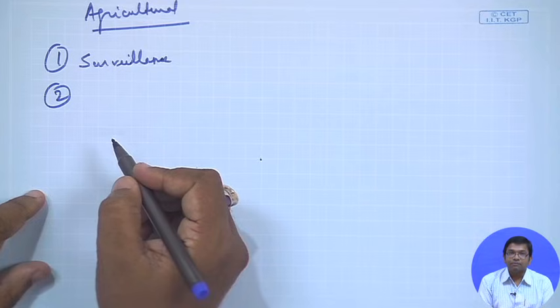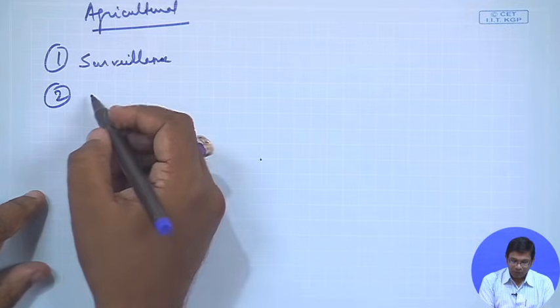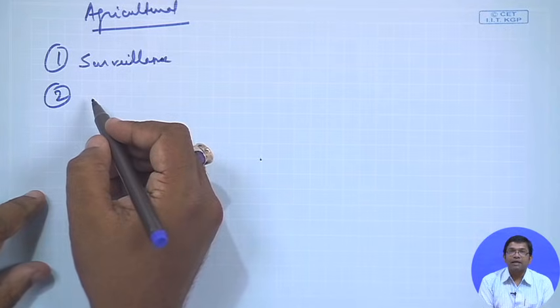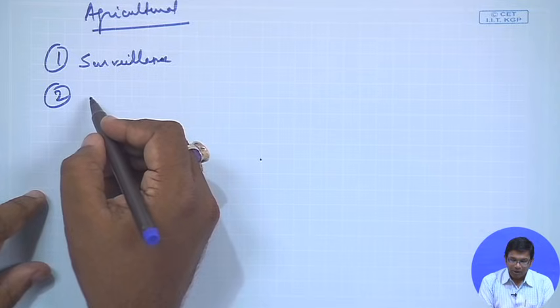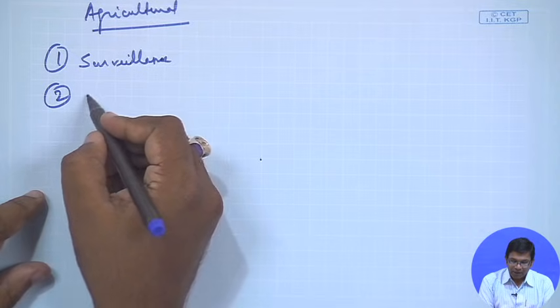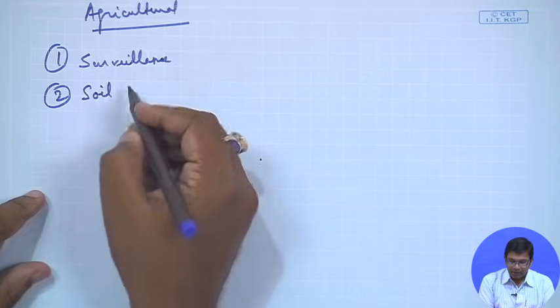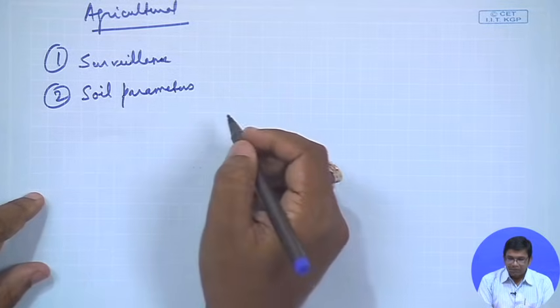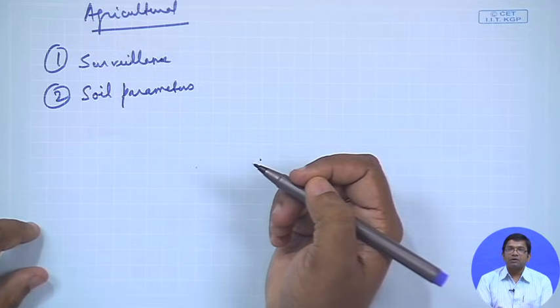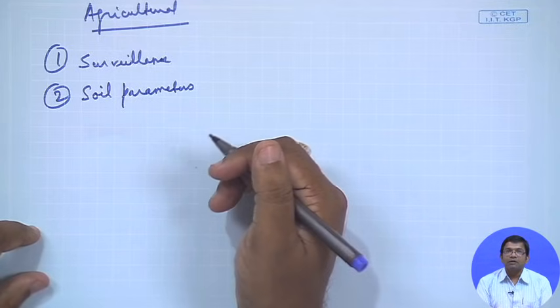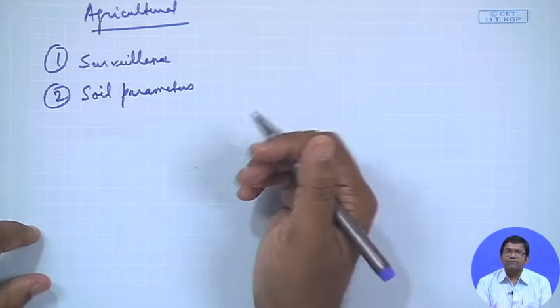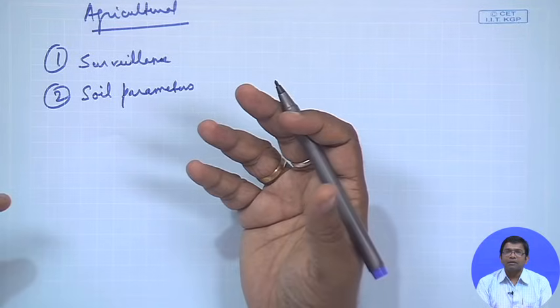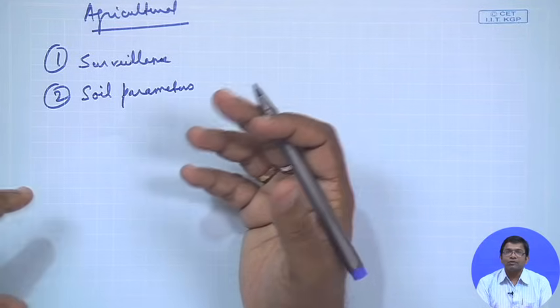We have also done some work on the use of sensor networks in the agricultural field for monitoring the soil parameters. So, for example, moisture content, water level content, and many other parameters. For example, the mineral content of the soil, phosphorus, nitrogen, and so on.